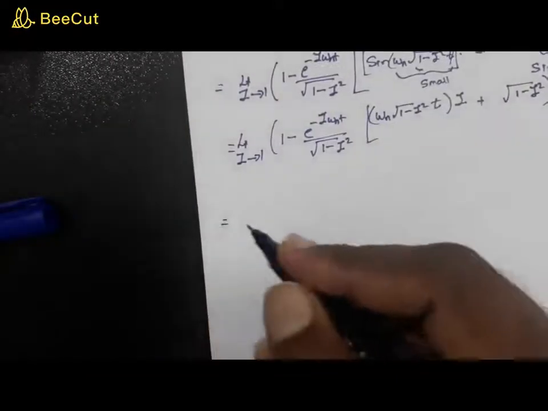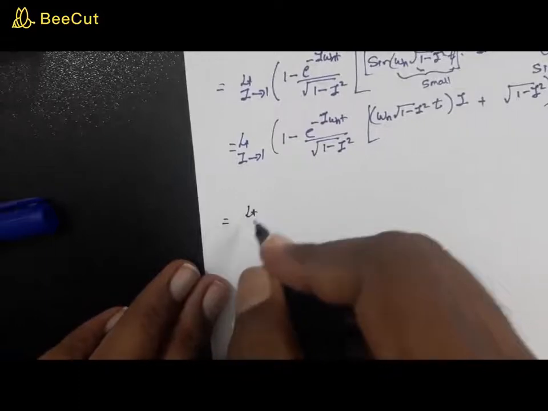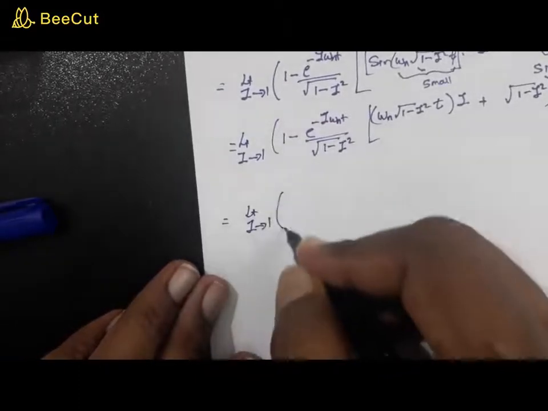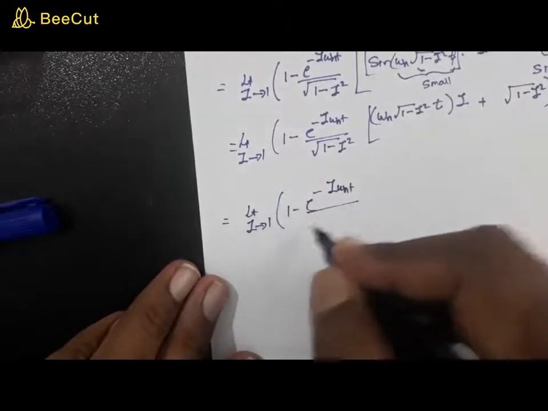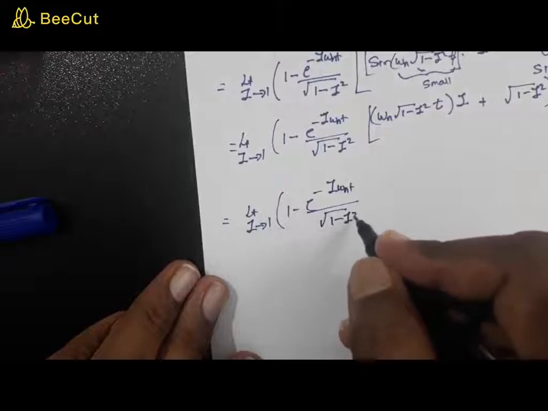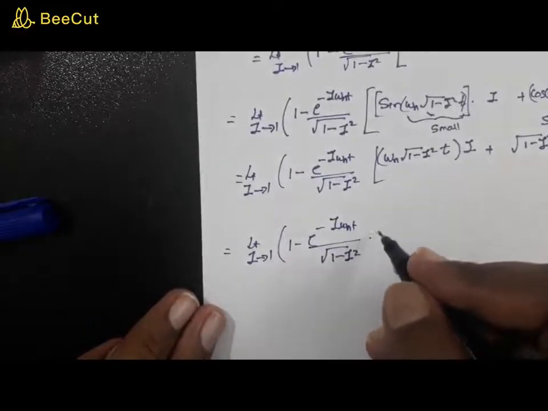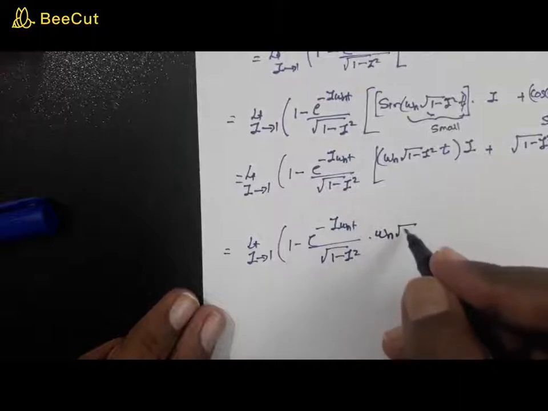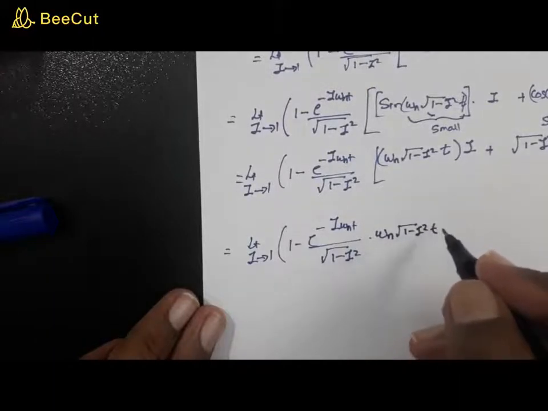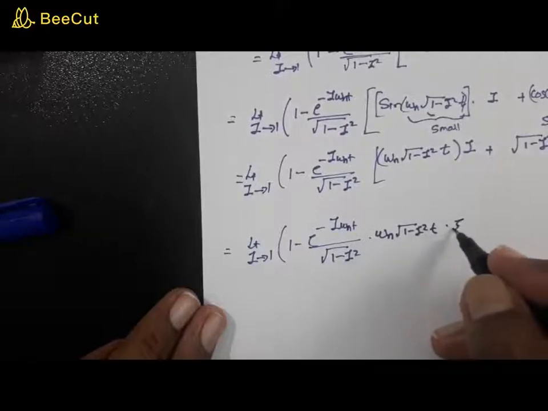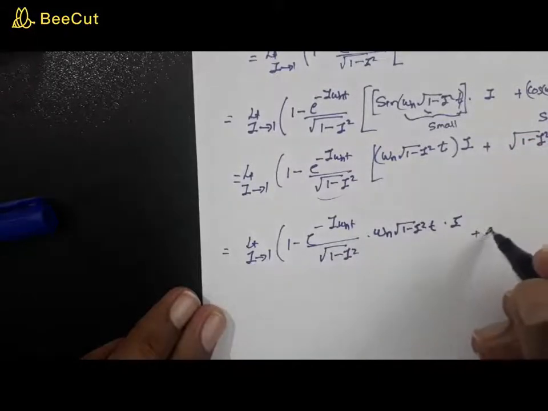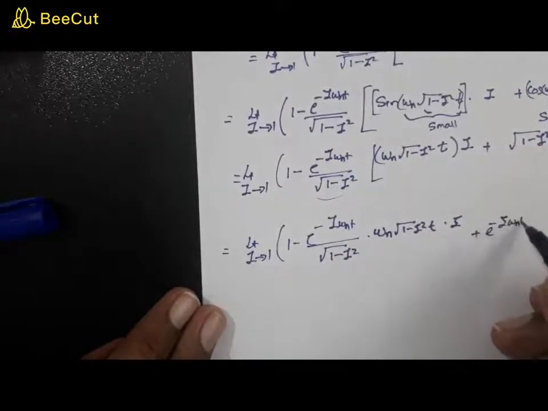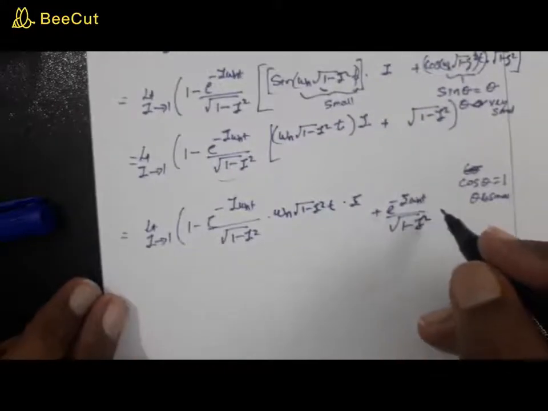Now in the next step, again limit theta tends to 1 of 1 minus e raised to minus theta omega n into t divided by root of 1 minus theta square, into omega n into root of 1 minus theta square into t into theta, plus, again multiplied by this term, e raised to minus theta omega n into t divided by root of 1 minus theta square, into root of 1 minus theta square.